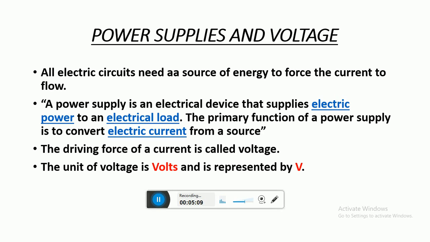Similarly, current from the main switch goes to the AC, the tube light, the bulb, the fans, or the TV. All of it is from the main switch. So it is basically a driving force which moves current from one end of the circuit to the other end. That driving force of a current is called voltage.